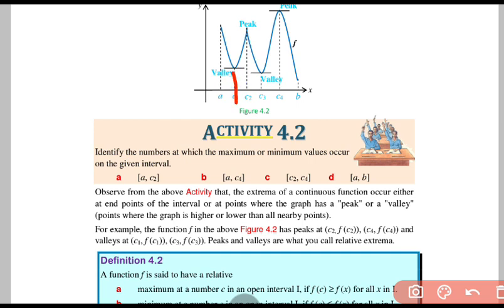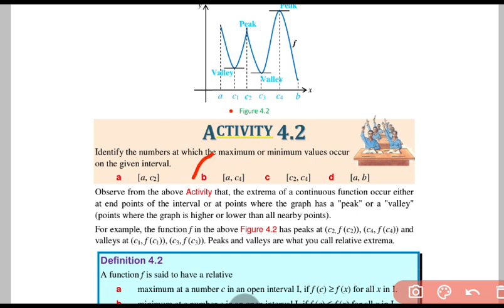Between a and c2 there is a value on c1.